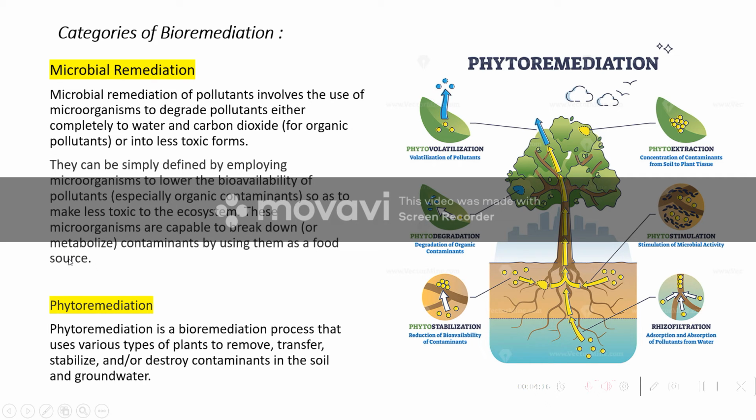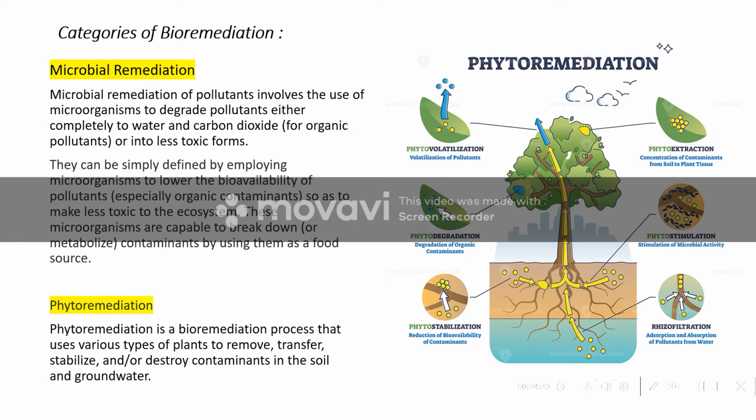Second category is phytoremediation. Phytoremediation is a bioremediation process that uses various types of plants to remove, transfer, stabilize, and or destroy contaminants in the soil and groundwater. As you can see in the picture, there are various types of phytoremediation.